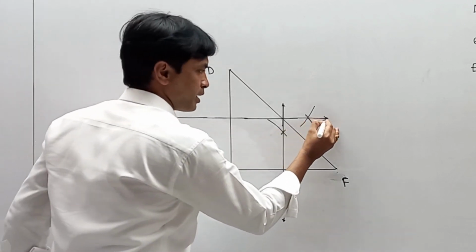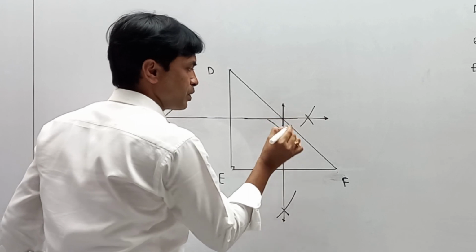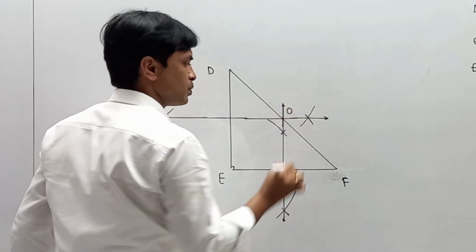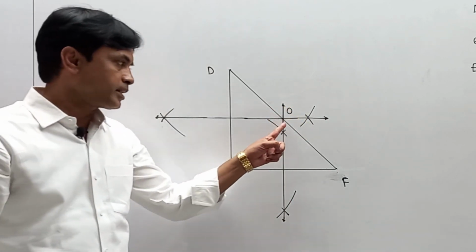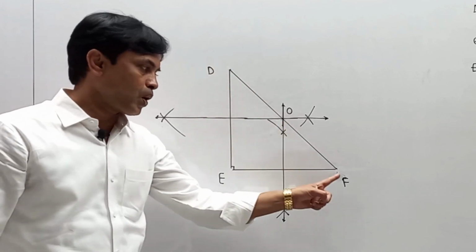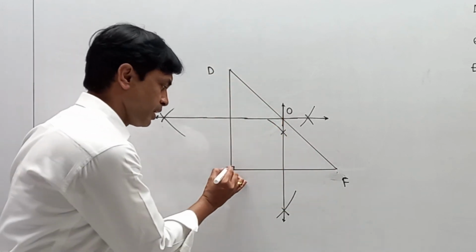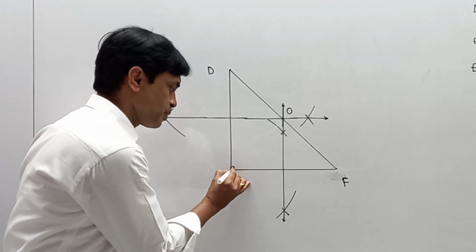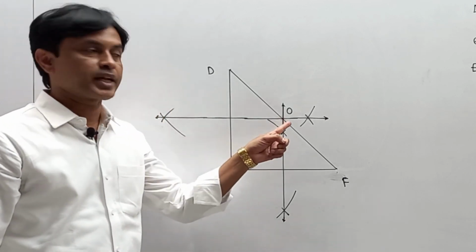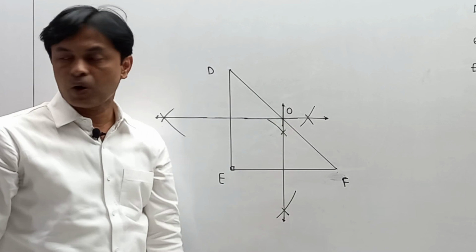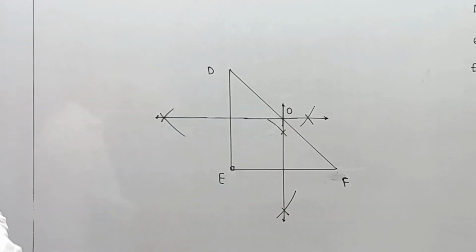Now we get a common point of intersection over here. I am going to call this point O. Now we can take either radius OD or OF or OE, anyway. The speciality is that we are getting this point of intersection on the hypotenuse DF.